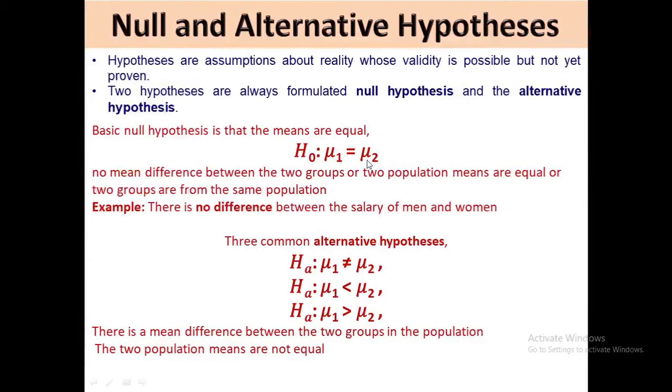Out of these three alternate hypotheses, one of them is chosen according to the nature of the experiment or study. For example, there is a mean difference between the two groups in the population, or the two population means are not equal, or the two groups are not from the same population. For example, there is a difference between the salary of men and women.